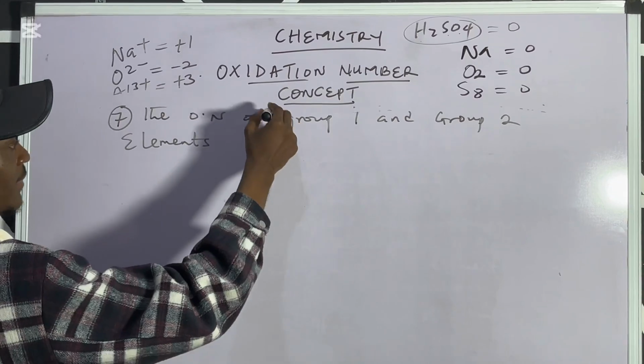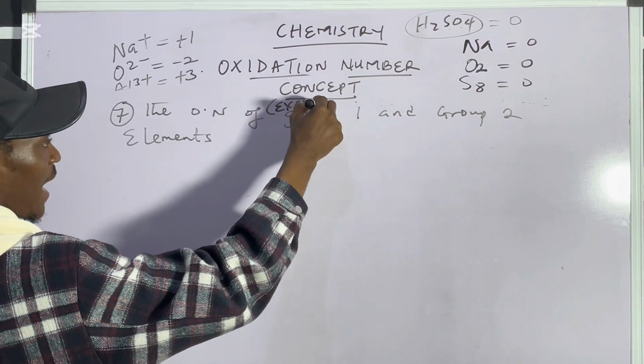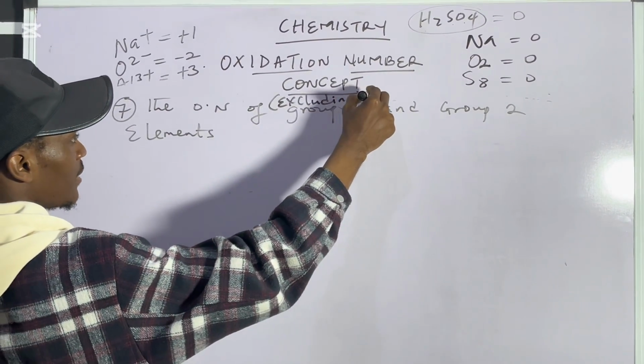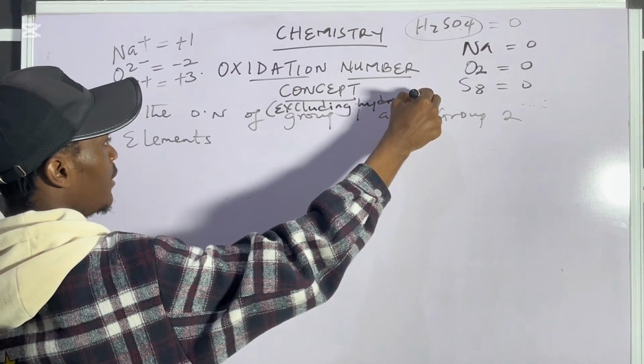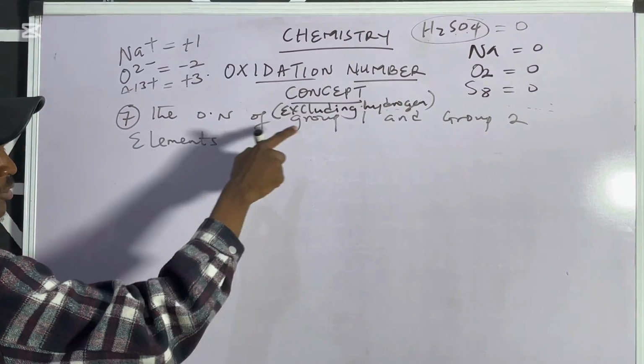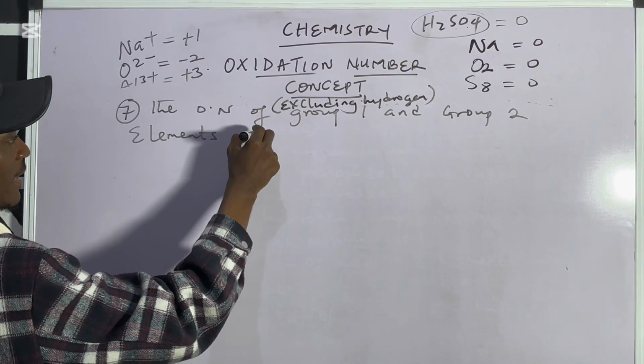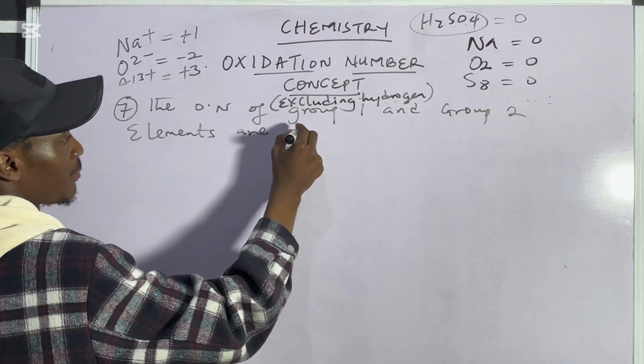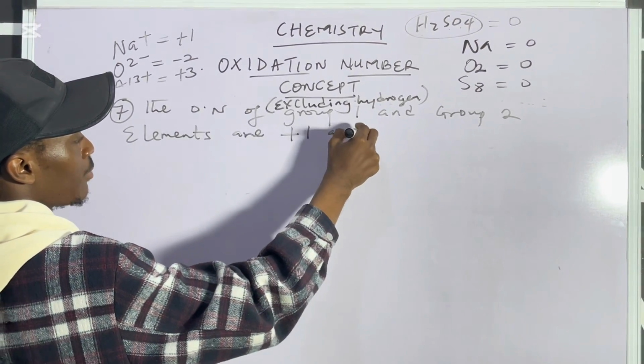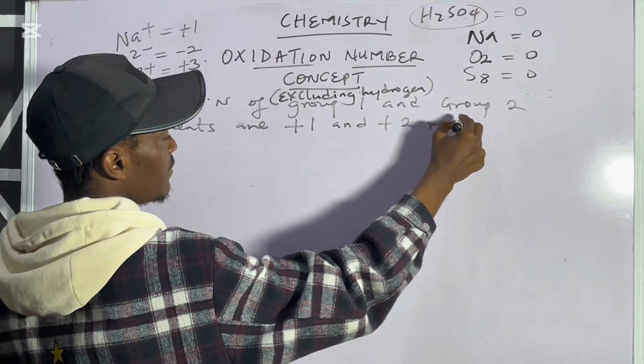So in group 1, excluding hydrogen, the oxidation numbers of group 1 and group 2 elements are +1 and +2 respectively.